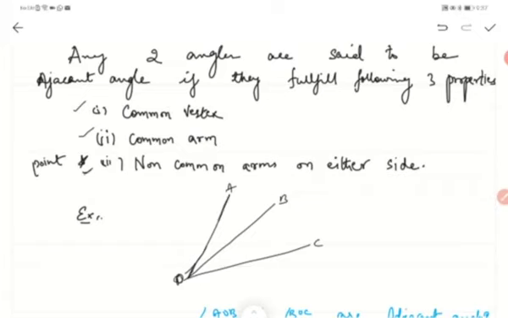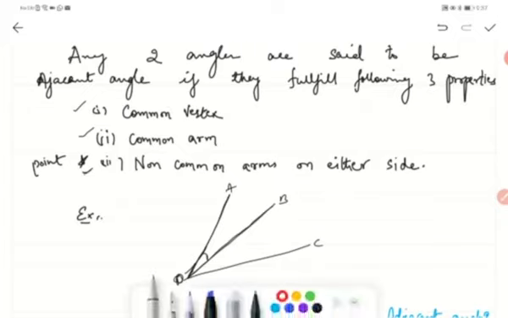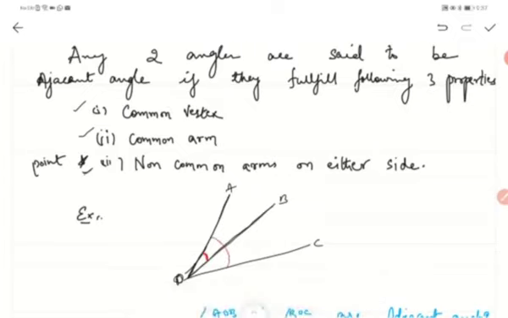Now I will take angle AOB, this angle. I will take it with the red mark, this angle, and this angle.